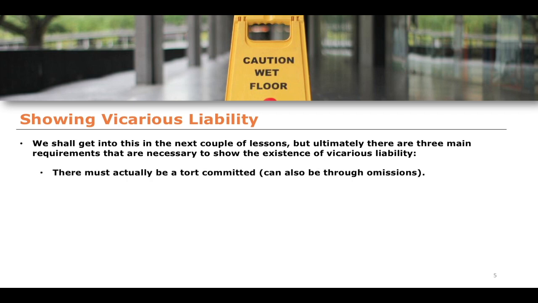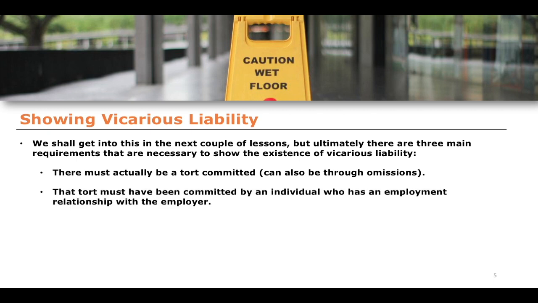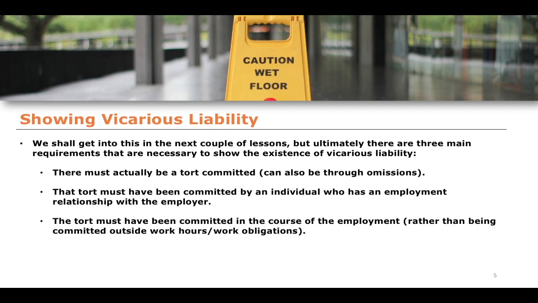So the tort itself must actually exist, and obviously have caused damage to a third party. The tort must have been committed, or it must have been an omission, by an individual who has an employment relationship with the employer. And then finally, the tort must have been committed in the course of an employment, rather than being committed outside of work hours and work obligations.